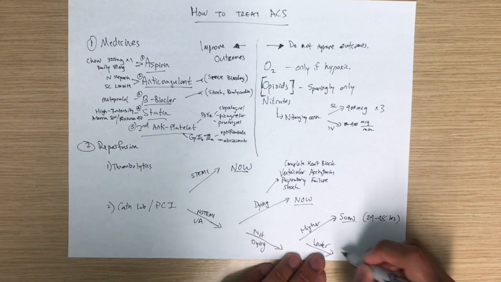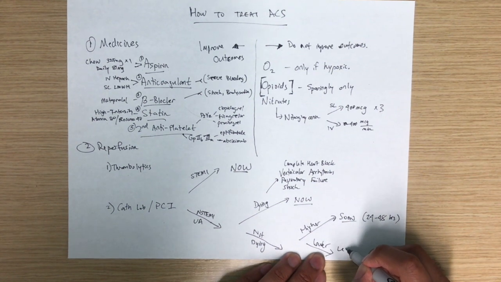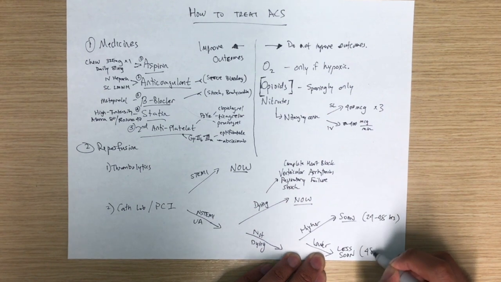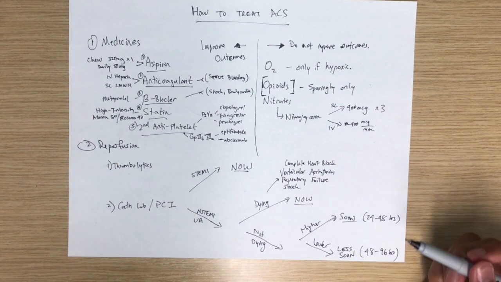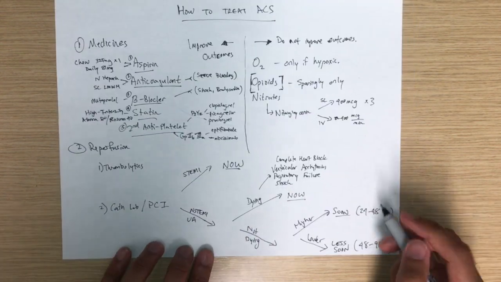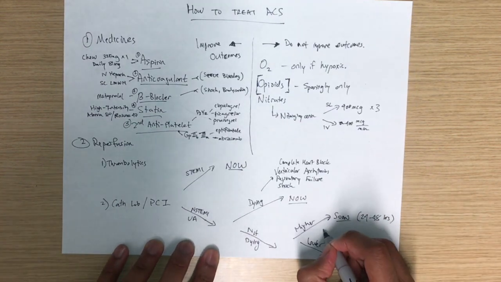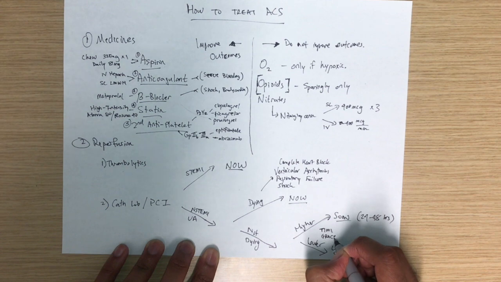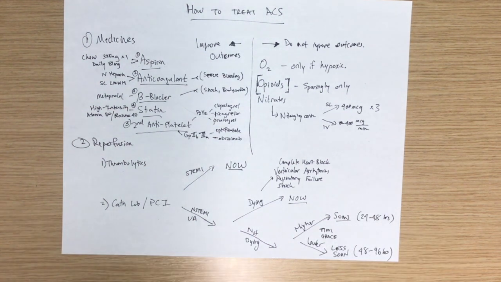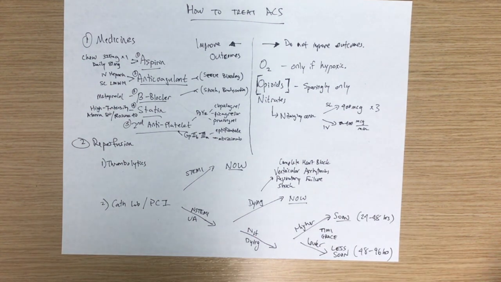And the people who are lower risk should probably go less soon, maybe 48 to 96 hours, something like that. How do we decide who's high risk and who's low risk in this particular group? There's a couple of risk scores that you might have heard about that'll let you assess the risk. There's the TIMI score, there's the GRACE score. The details of those are beyond the scope of this talk, but that's how that will help us decide.